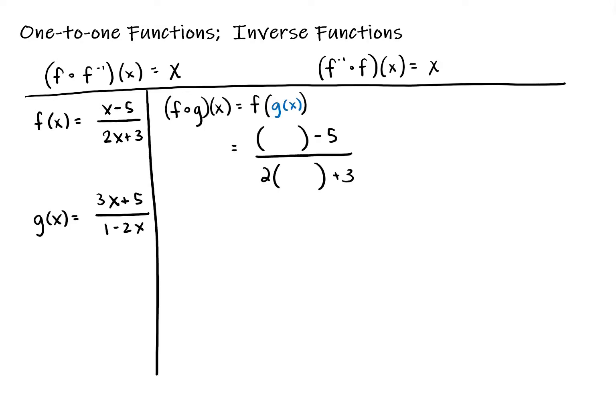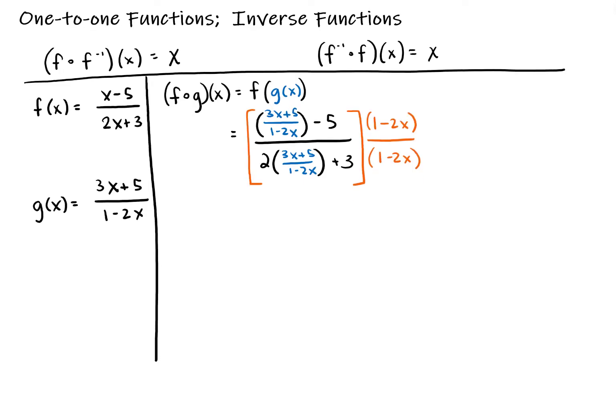So for f of g of x, I wrote f as the outer function in black, and g of x is going to be written in blue inside my function. I actually have x showing up twice in this expression, so I want to plug in g of x twice. In order to simplify this, I'm going to multiply by the LCD.